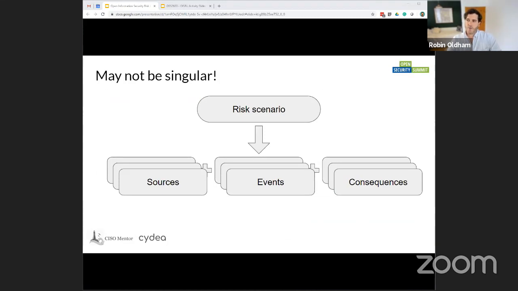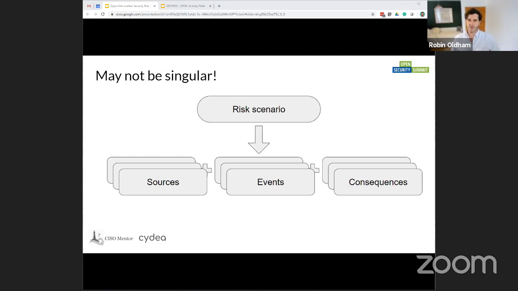So you can decompose your risk scenario into these sources plus events plus consequences, and it gives you that structured way of looking at it. And it's important not to forget that you can always have more than one in any part of that chain. For example, you might have cyber criminals as a source.